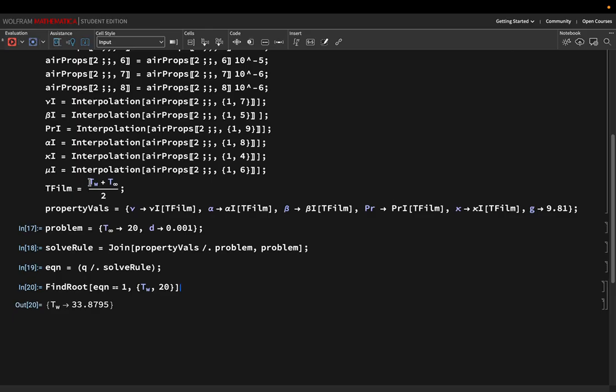You have to assume a TW and get all the properties at the assumed film temperature, like based on whatever the film temperature you get by the assumed wall temperature, and use those properties to determine the heat transfer. And if it is not matching with whatever heat transfer that is measured from experiments, you update it. You keep doing this till the values match with your desired tolerance. This is the same approach we have done last week as well. Are there any questions?